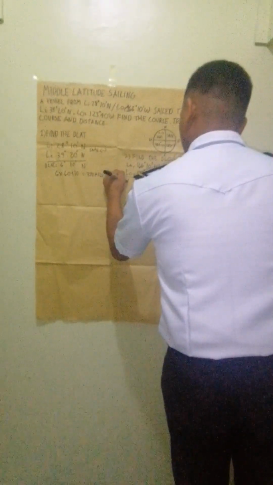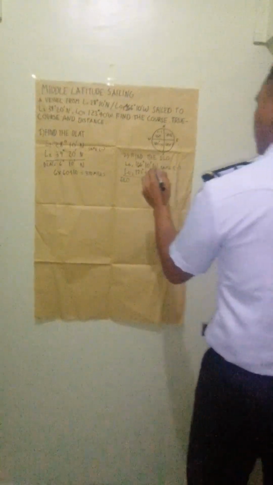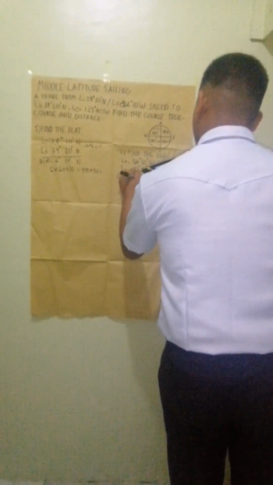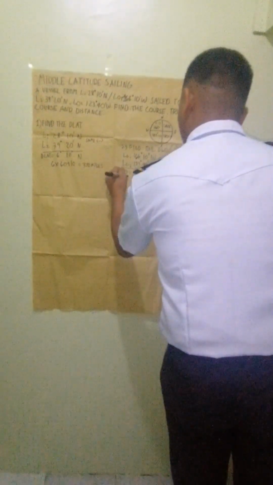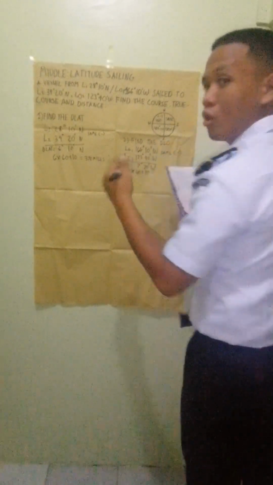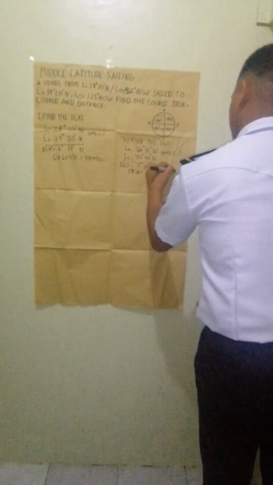Then the DLO, or the difference of longitude, is 7 degrees and 30 minutes west. As usual, you bring down 7 times 60 plus 30, and then your DLO is 450 miles. That's your DLO.